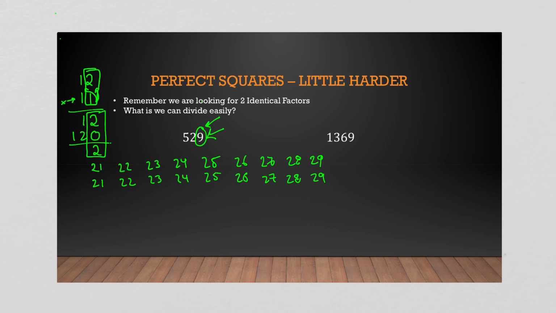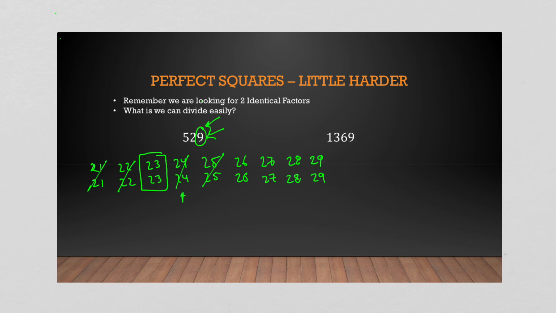So that really means, look at these 21 times 21, 22 times 22. The back number here, the 1 times 1, has to be 9. But 1 times 1 is 1. 2 times 2 is 4. 3 times 3 is 9. So this is a possibility. 4 times 4 is 16. 5 times 5 is 25, right?